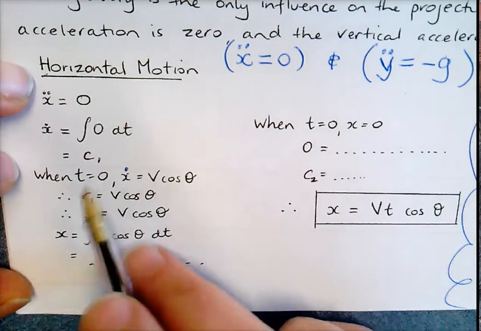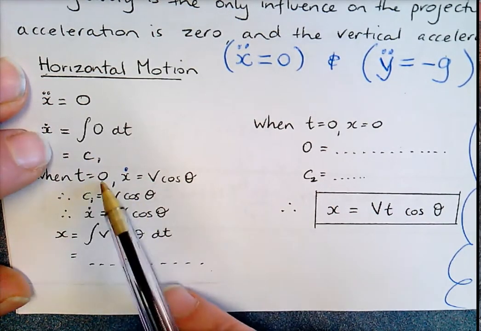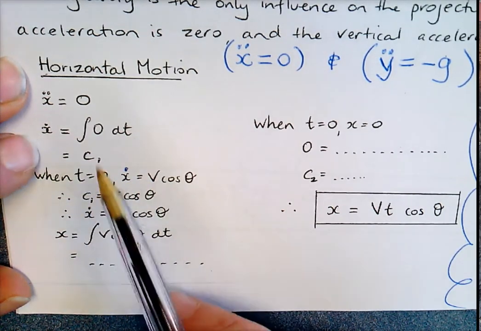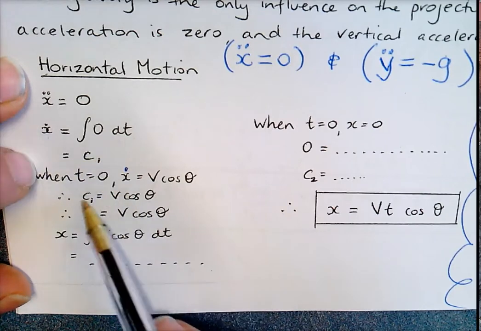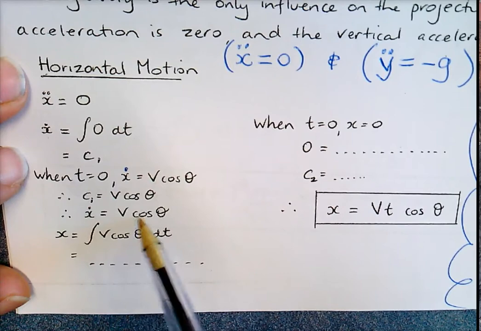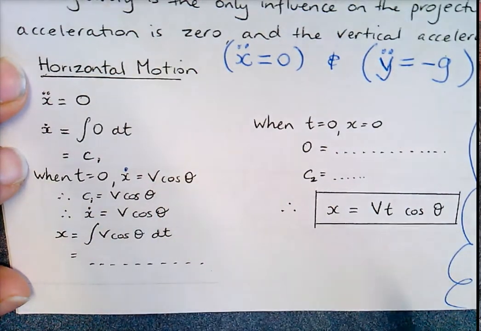So this step, are we okay? So x dot equals c, but when time is 0, we know that x dot is v cos theta. Therefore constant 1 is v cos theta. Therefore, x dot equals v cos theta, because x dot is the constant and the constant is that.